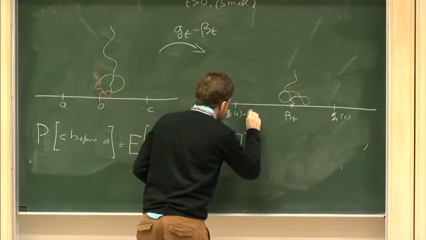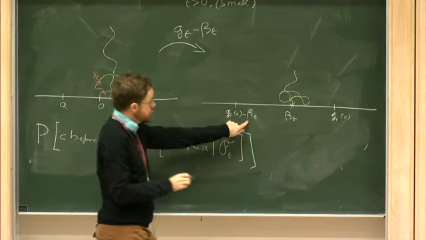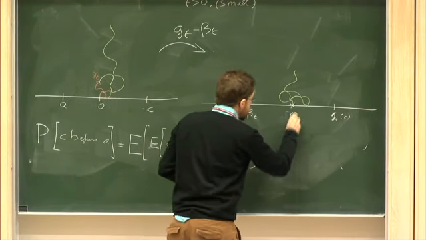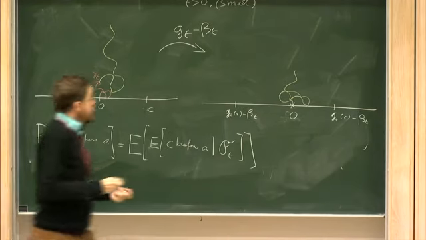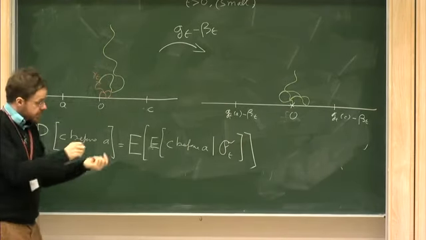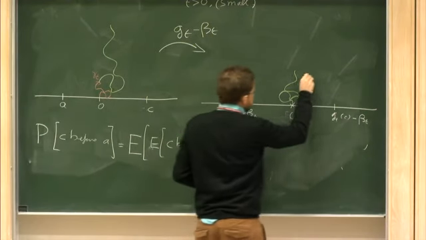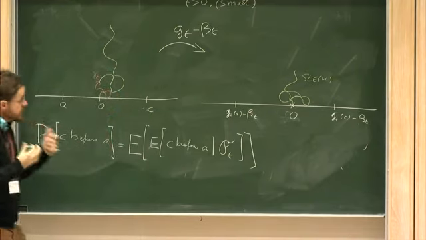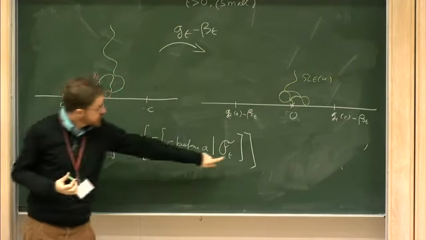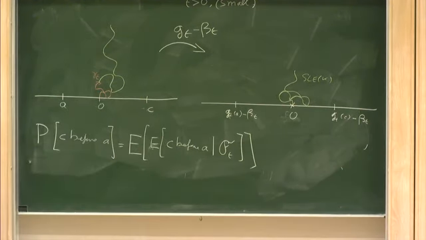So this is mapped to GT of A minus beta t. This is mapped to 0. This is mapped to GT of C minus beta t. And then the future of the curve is mapped exactly to an SLE curve, which is independent of what I discovered by time t. So that's what we get by the domain Markov property.